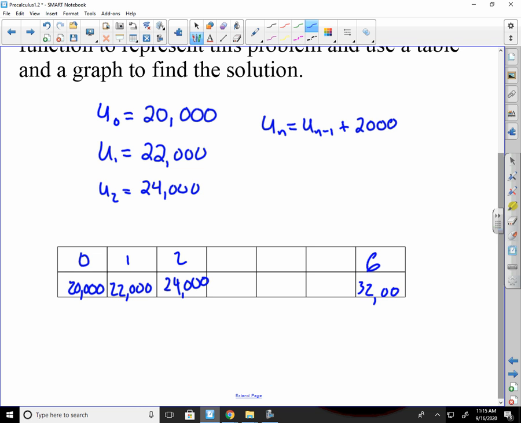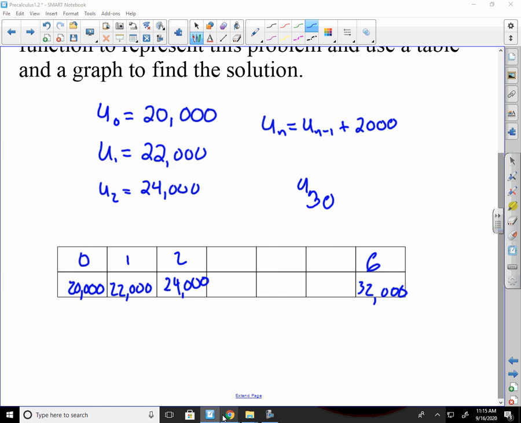And I don't have to do all the computations in between. Now, would it be a big deal to just add 2 until I get up to 6? Add 2,000 to it? No. But what if I asked you to find what would u sub 30 be? So after 30 years, yeah, it's not going to be very fun to go through and track that.